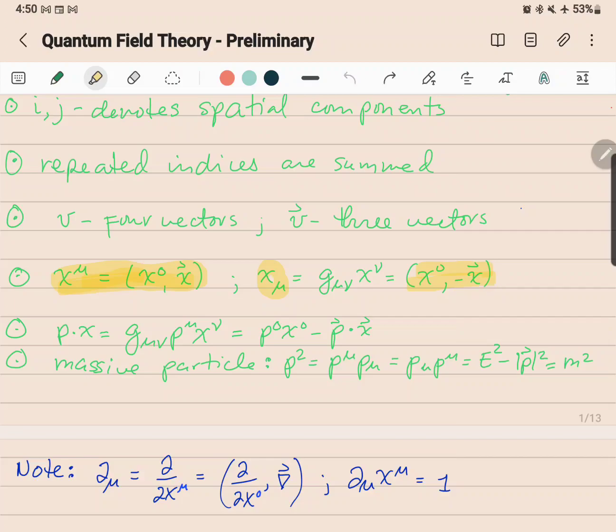But by the way, if it starts with a negative here, then if you change the placement of the index, whether up or down, it becomes negative here. So that's just it.